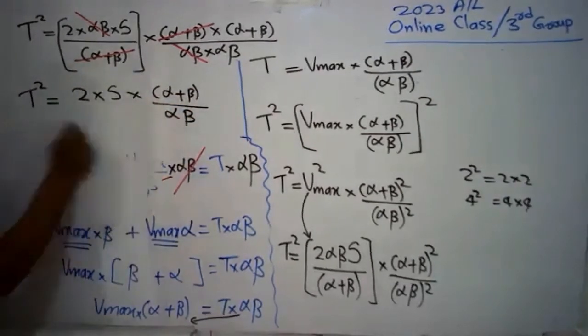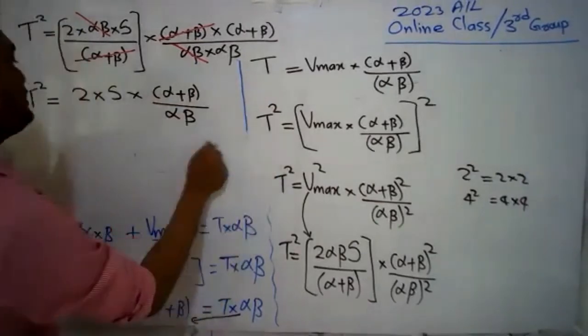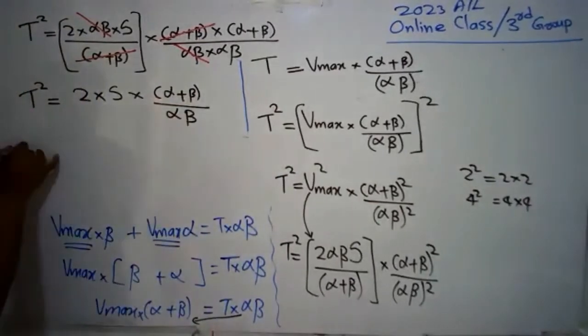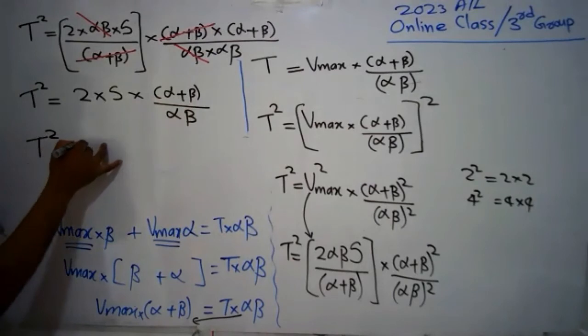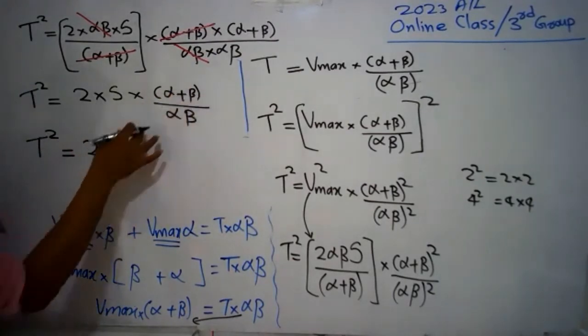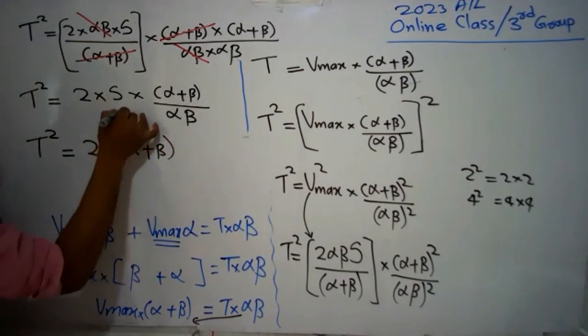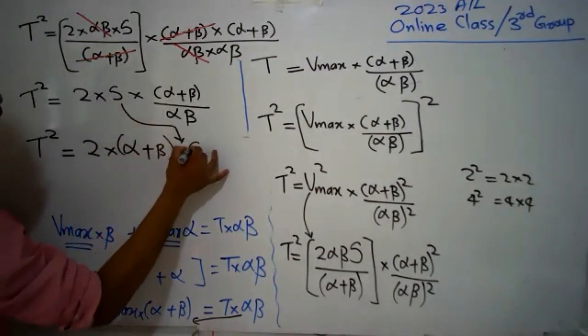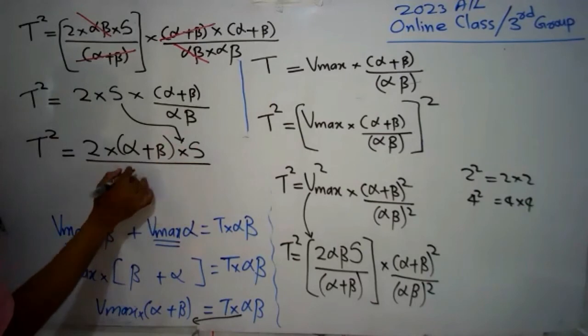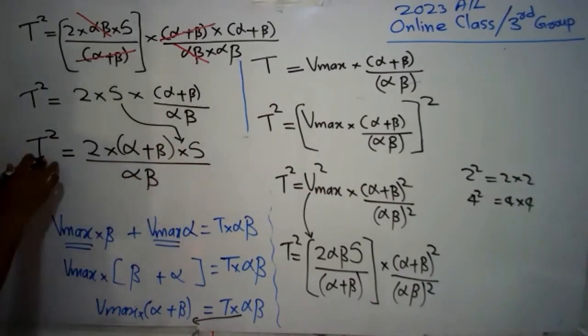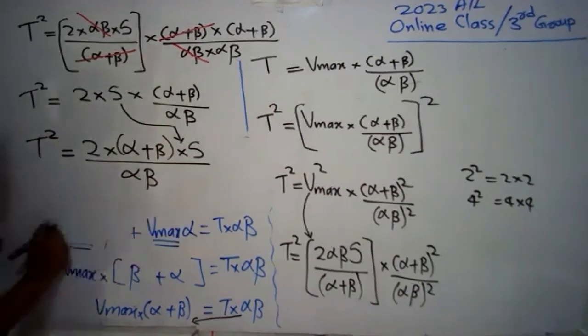Right? So finally you can arrange the equation in this format. T square equals 2 into alpha plus beta into S divided by alpha beta. So T square is this.